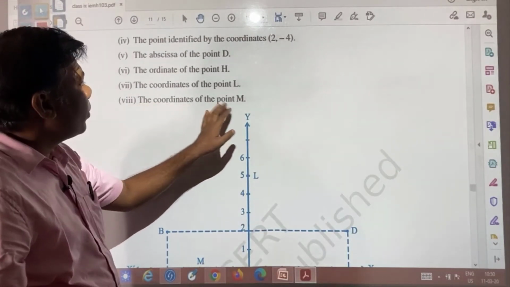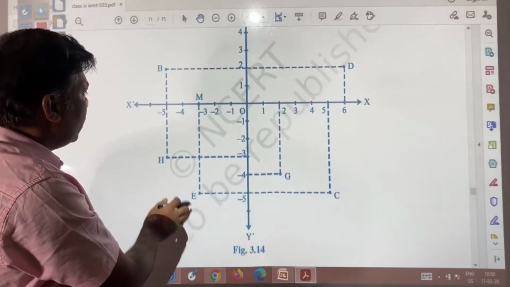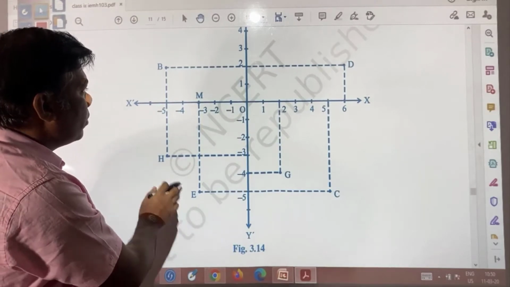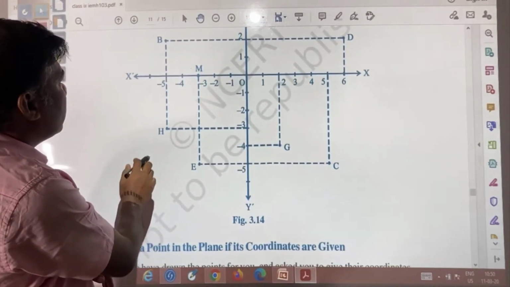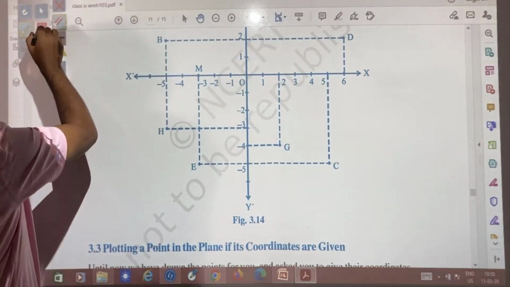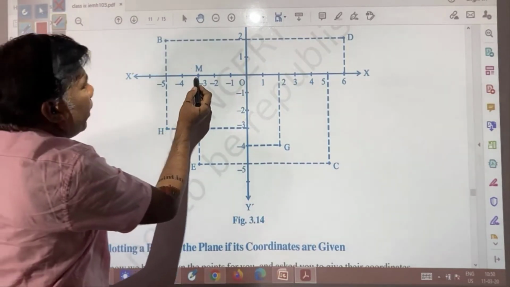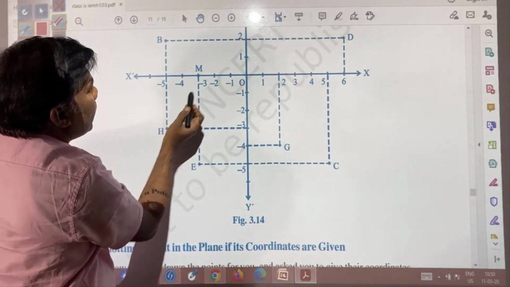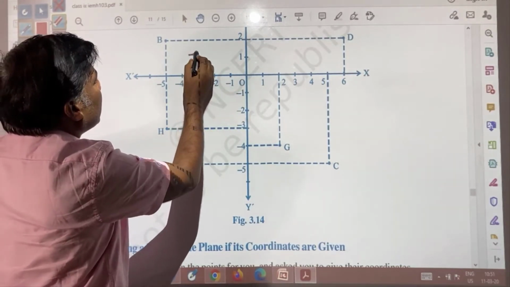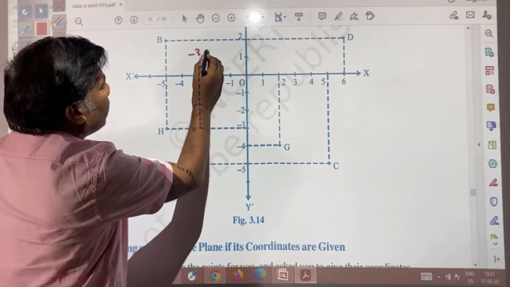The coordinates of the point M. Here you see, where is M? Here you have the coordinates of M. Here x you have -3, and y you have 0.